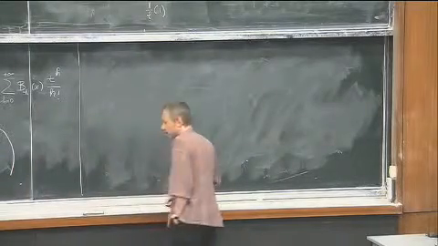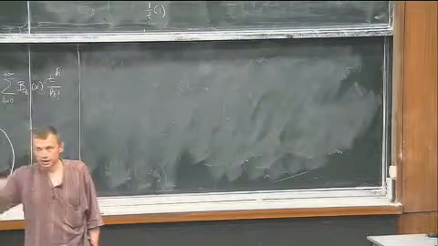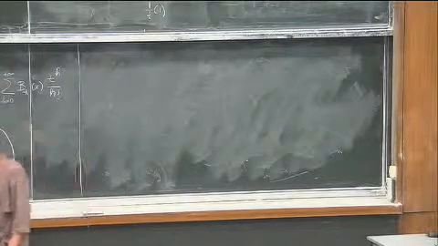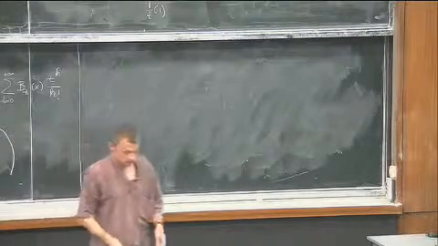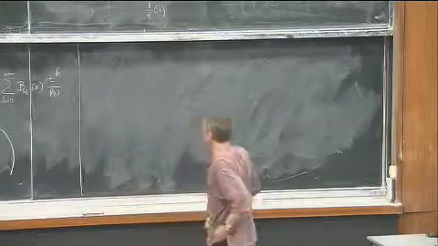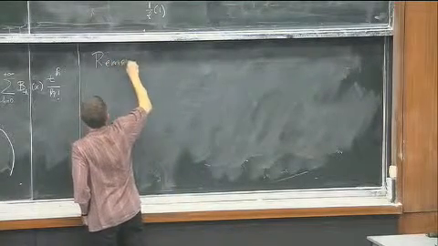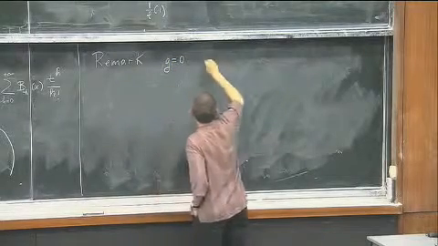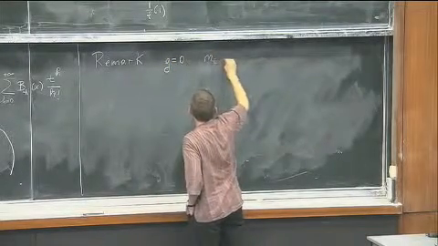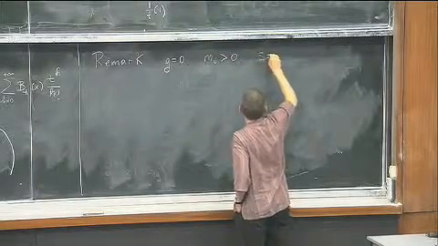So in fact, what very often happens is that we have very complicated constructions, but then when it comes to really using them, we restrict to well-behaved cases. So let me just give one of those. So remark, if G is equal to 0, and if all the Mi are strictly positive, and s is equal to 1.